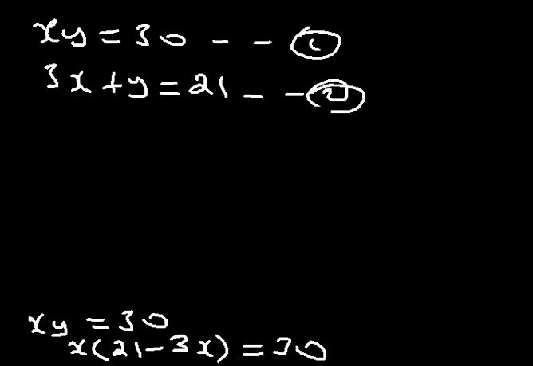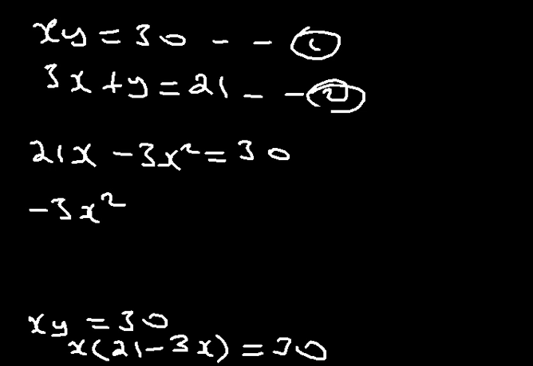In this case we have 21x minus 3x squared equal to 30, and of which we'll have minus 3x squared plus 21x minus 30 equal to 0.